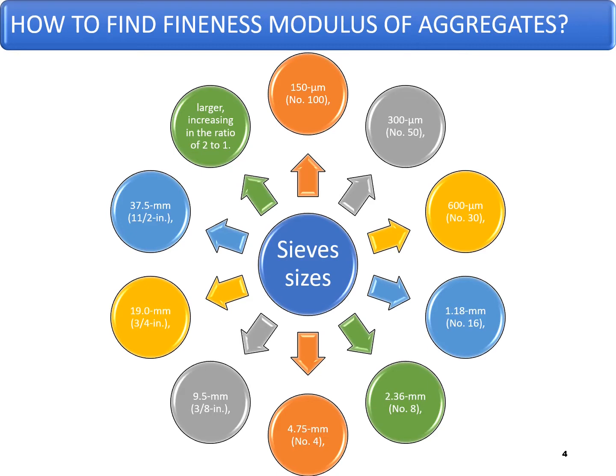What is required is that you add the retained portion of the aggregates on each one of these sieves and then add them together. That total divided by 100 will give you the fineness modulus of the aggregates.